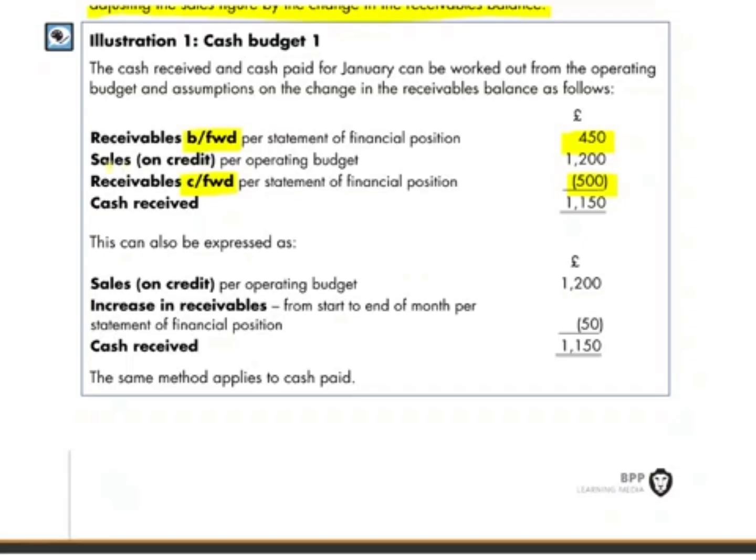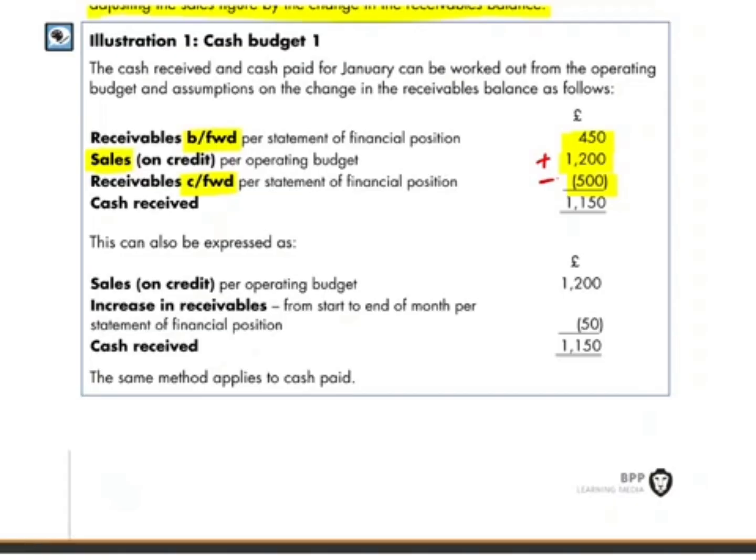On our operating budget, we have recorded sales of £1,200. So during the period, the logic is that we would receive all of the balances outstanding at the start. So we would receive all of the £450 brought forward. We would also receive all of the sales revenue that is recorded on the operating budget, so all of that £1,200, but we would not have received the £500 that we carry forward on the statement of financial position because we haven't yet got the balance in.